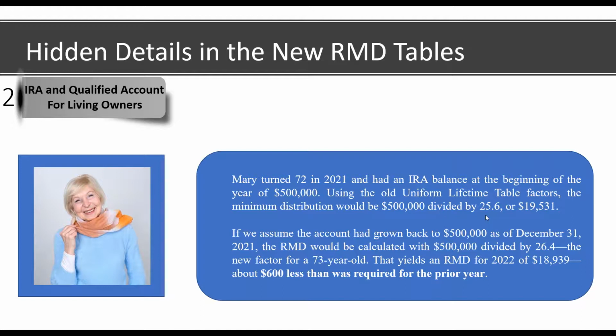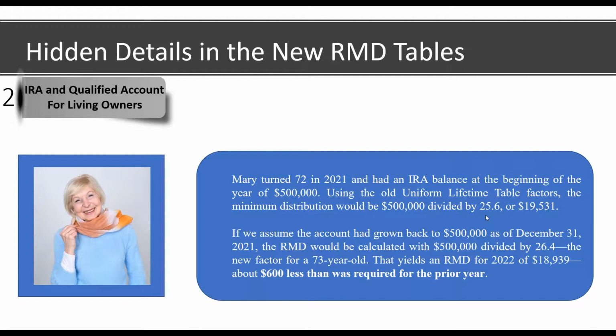And so Mary, in calculating her RMD for 2022, would use a factor for a 73-year-old because that's the birthday that she's turning in 2022. The IRS says she'd use the new table, not the old table. And so she would pull the factor for a 73-year-old from the new table.